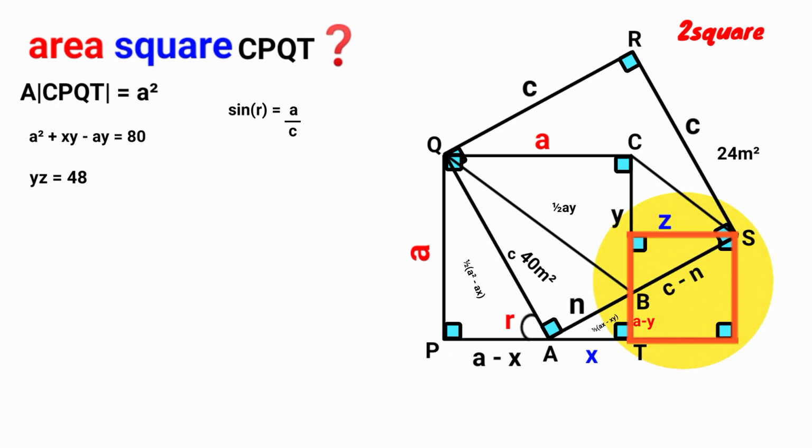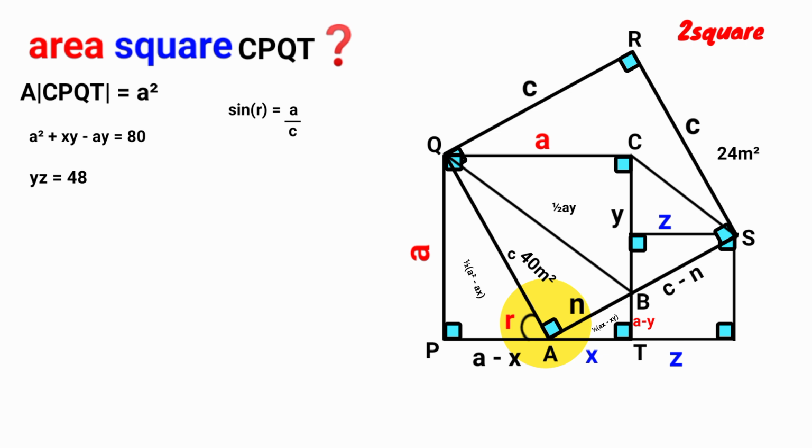Now look at this quadrilateral. The fact that all four of its angles are right angles tells us it is a rectangle. Opposite sides of a rectangle are equal in length. That is, this side and this side are equal. So since this is z, this must also be z.